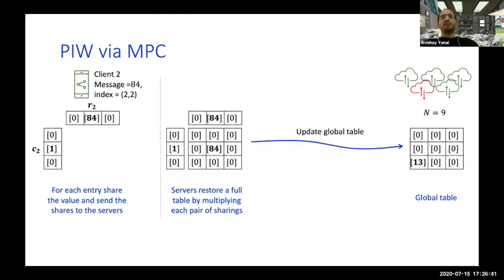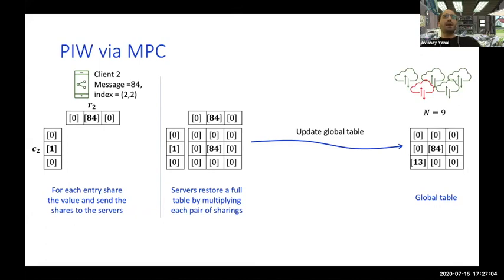Then the servers add that matrix to the global matrix they had from before, and the resulting global matrix has exactly 2 messages now. The first one from before, and the second one from the second client in location 2, 2.